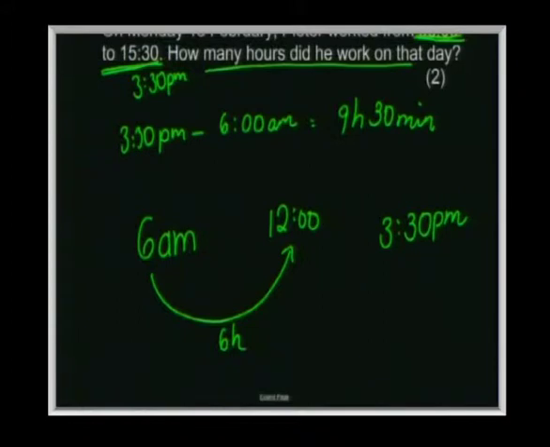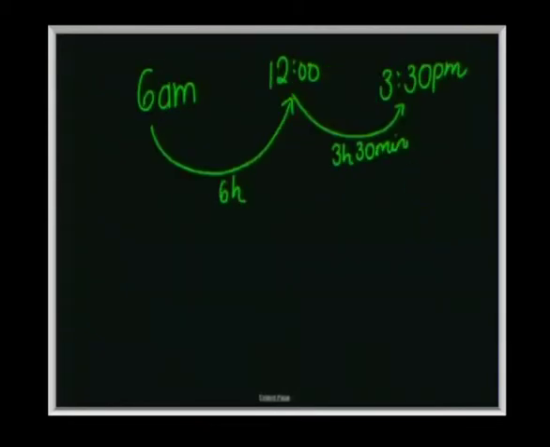And then from 12 o'clock in the afternoon to 3:30, from lunchtime to 3:30 is 3 hours and 30 minutes. If I add these together, I should get 9 hours and 30 minutes. Not so bad really, is it? Let's go on to the next one.